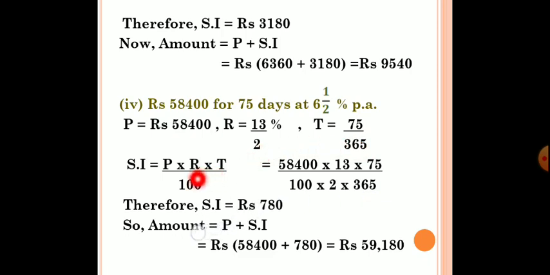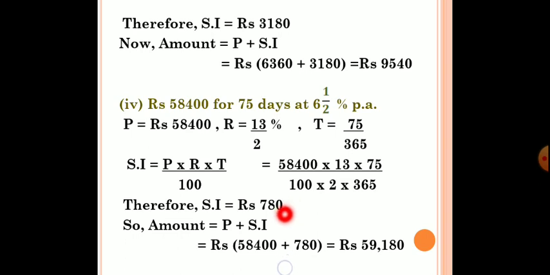The formula for simple interest is P into R into T by 100. So principal is 58,400 into rate 13 divided by 2 and time 75 by 365, and we also write 100 since it's a percentage. Solving this, we get the simple interest to be 780.